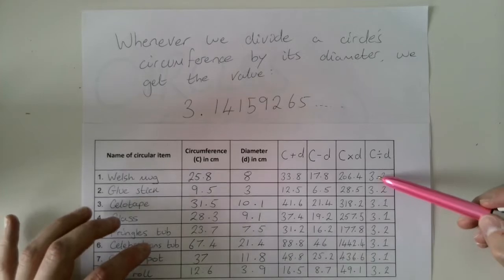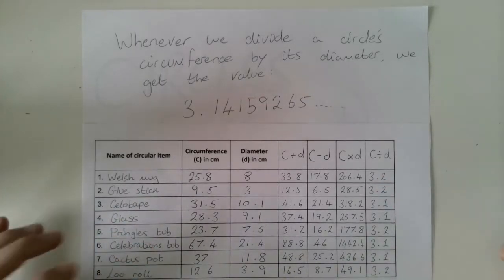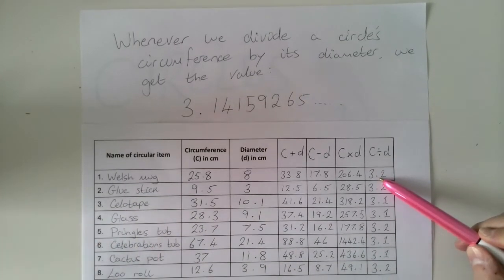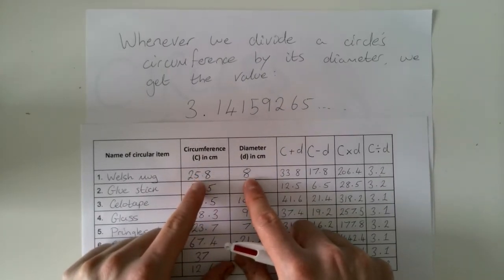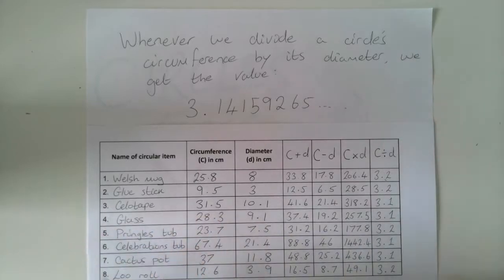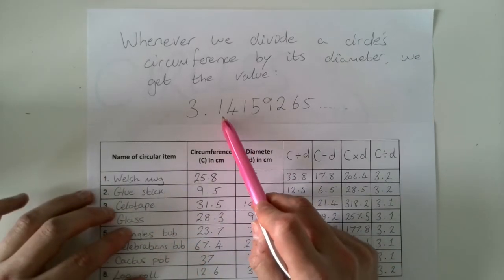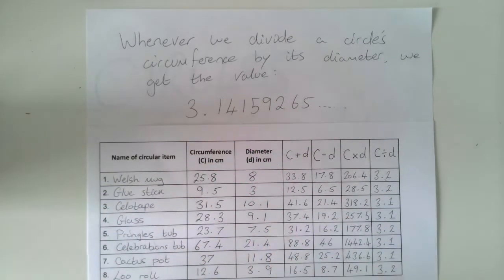The reason for this is because it would be so difficult for us to be 100% accurate with our measurements for our items. So that's why we haven't maybe got this number 3.14159 exactly right for all of our items, for all of our circumferences divided by diameters.